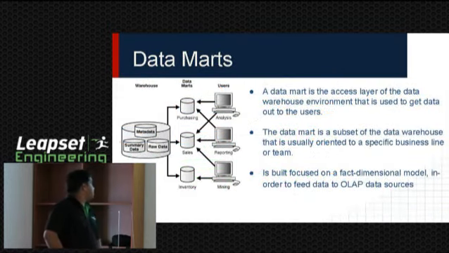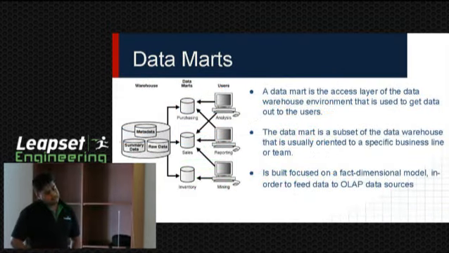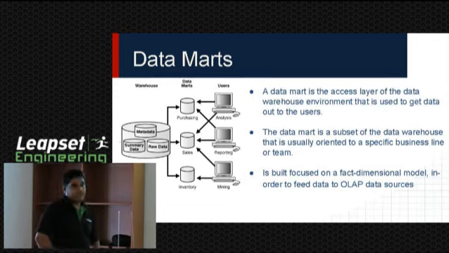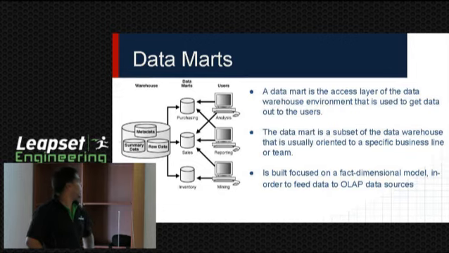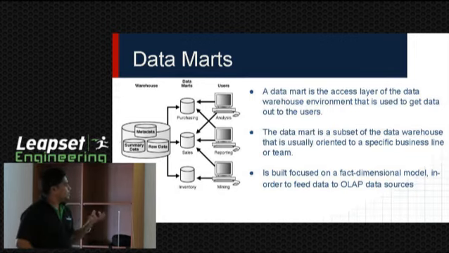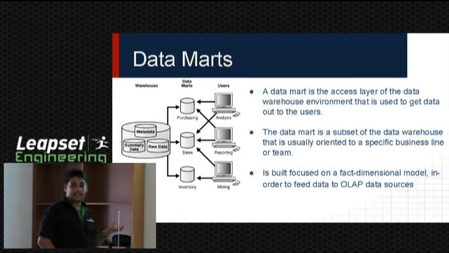So data marts, basically, are the outlets of the data warehouse, where from these points we are fetching the data for our other application tools. A data mart is a subset of the data warehouse. We use the data mart to give fast access, providing fast query time to get the data for the application.